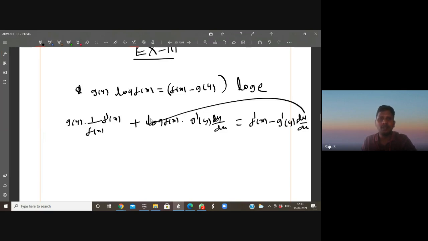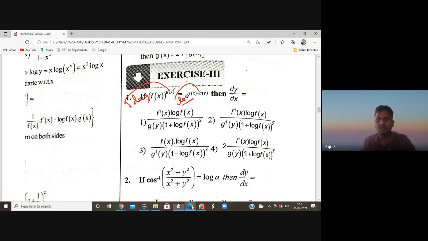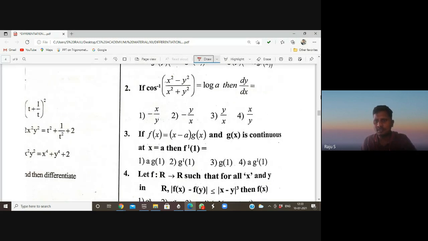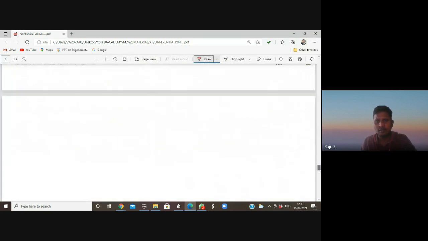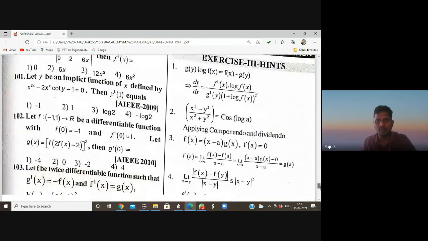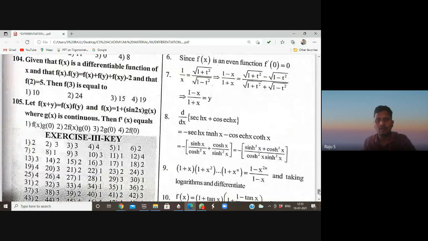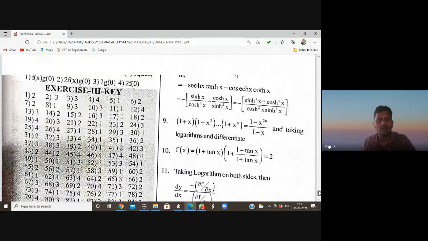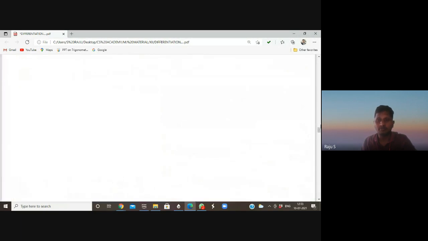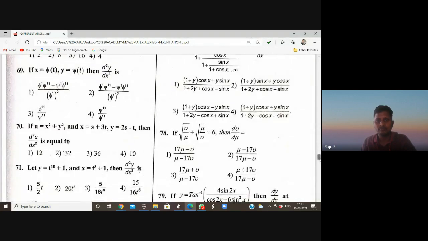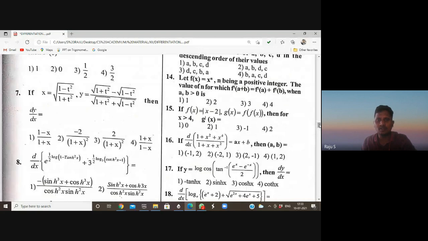You can take dy by dx to one side and the remaining values to the other side, then you will get the answer directly. You can do that, because in this exercise we have almost how many questions? 105. So we have to go a little fast. So yes, friends, next question.